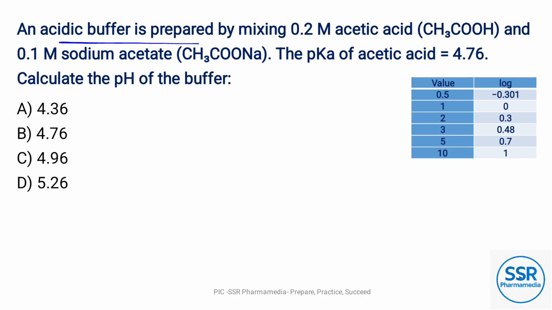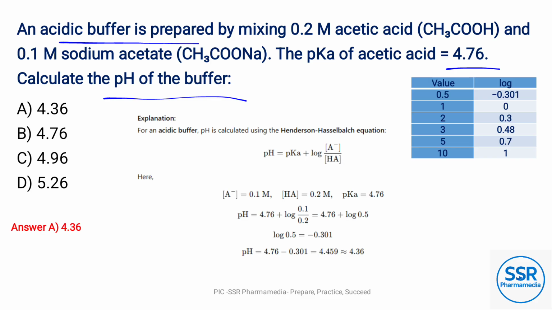An acidic buffer is prepared by mixing 0.2 M acetic acid and 0.1 M sodium acetate. The pKa of acetic acid is 4.76. Calculate the pH of the buffer solution. Option A, 4.36. You substitute all the values in this formula.